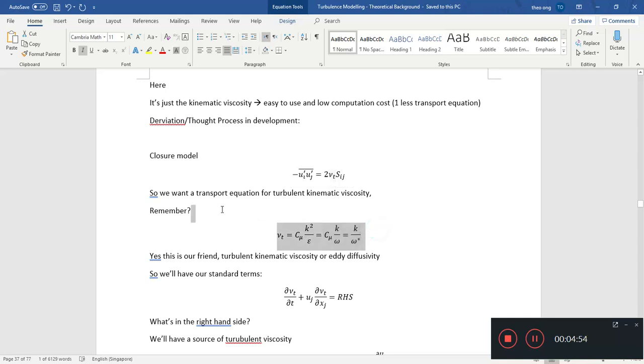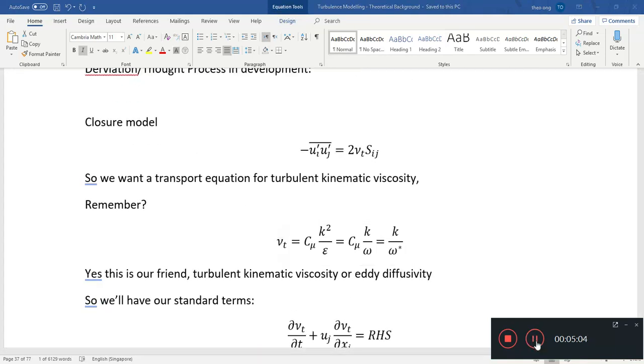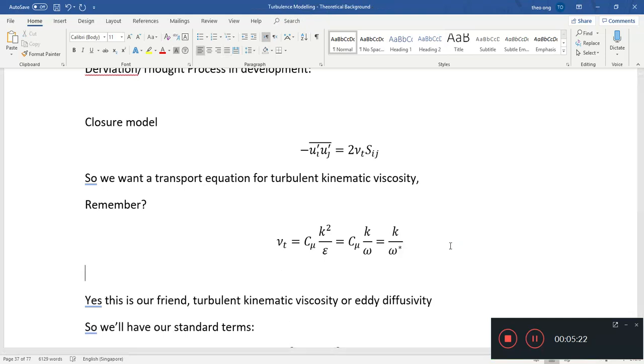And if you recall from previous videos, the turbulent kinematic viscosity is given by these terms in the k-epsilon model. It's c_mu times k squared over epsilon, or c_mu times k over omega, or k over omega star if you define omega star differently. So how do I define omega star?